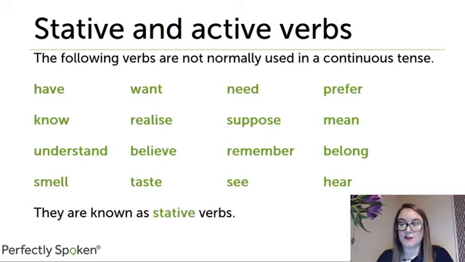So I think it's perhaps a good idea to pause the slide and make a note of these verbs, because it's quite useful to remember that we do not normally use these in a continuous tense. They're called stative verbs because, as I've just explained, they are describing a state.